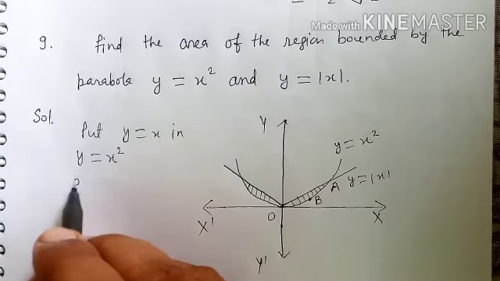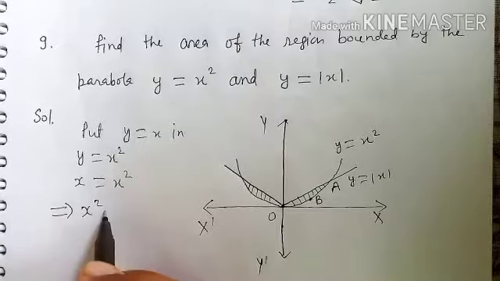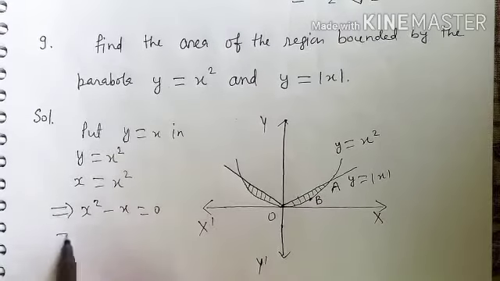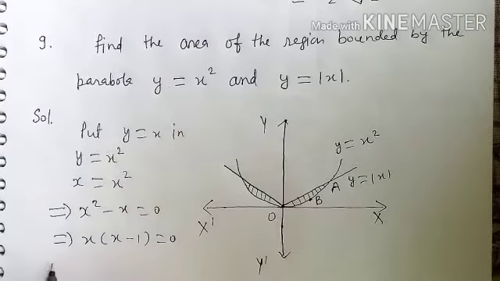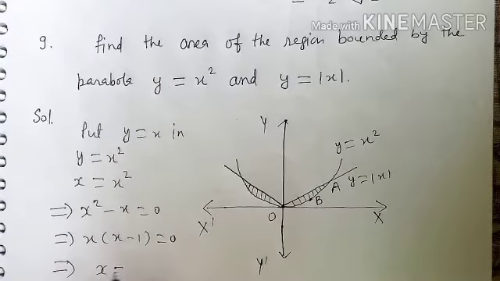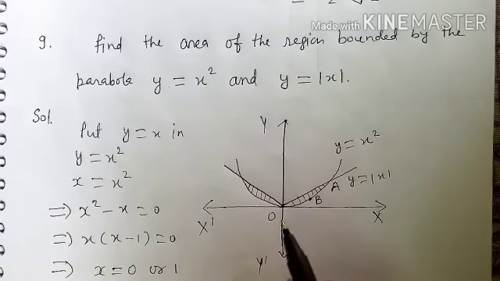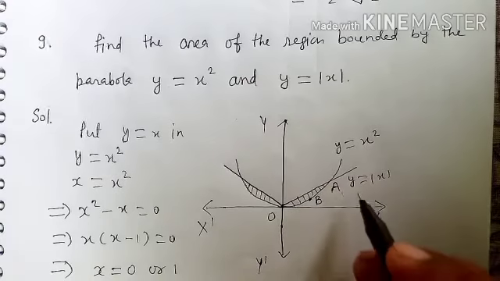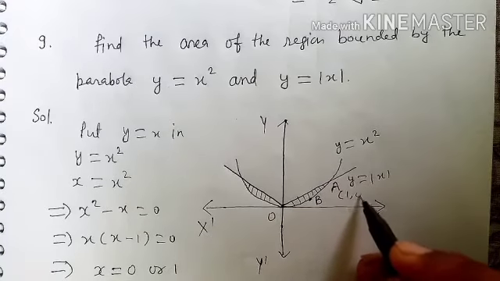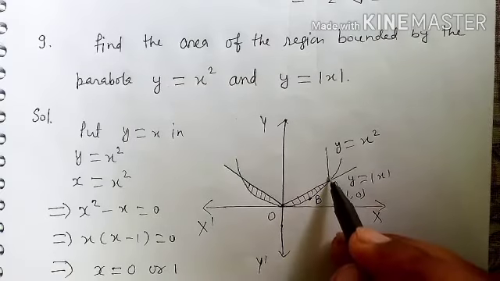Then we have x is equal to x square. This implies that x square minus x is equal to 0. If we take common x, then x minus 1 is equal to 0. Then we have x is equal to 0 or 1. One point of intersection is here, and another point of intersection in first quadrant is here. So A is 1, 0. So this is the line. This is the another line.